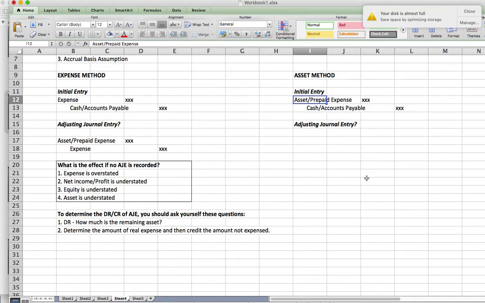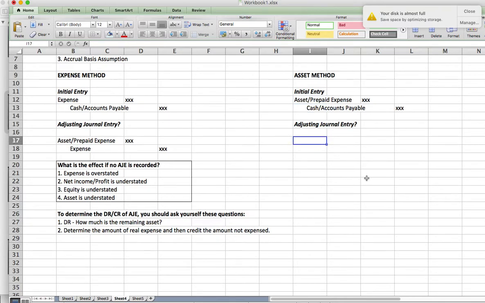Kailangan nating mag-adjust. We have to recognize what? We have to recognize the expense. Kaya anong adjusting journal entry? Kailangan nating ma-recognize ilan doon sa prepayment mo ang nagamit na. Ilan ang dapat na i-expense natin.